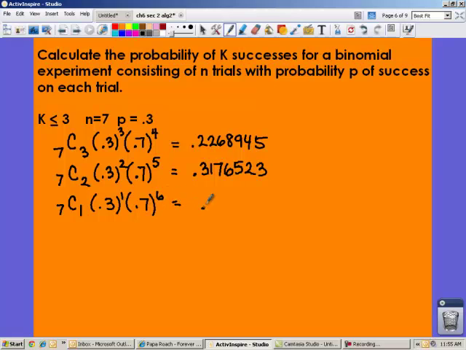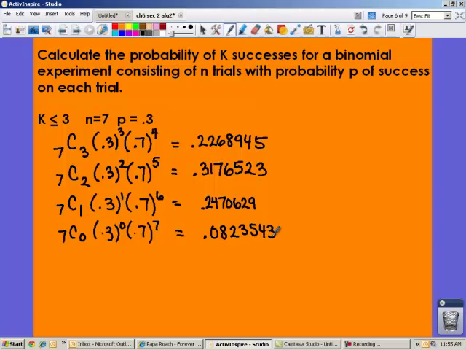Now we've got 3 and 2, now we go to 1. The answer for this should be 0.2470629. And then last we have 0. And that answer was 0.8082353.